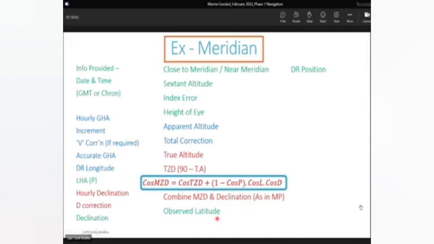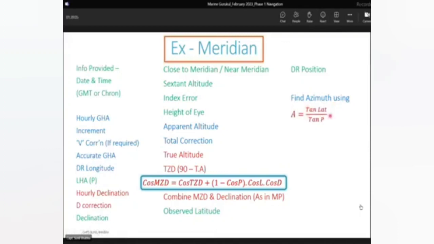Then how do we use it to obtain the position line of the observer? So for position line, we have to calculate the azimuth of the body. The azimuth as usual will give us the direction of the position line and we will plot that PL on the chart. So for azimuth we use the ABC method.